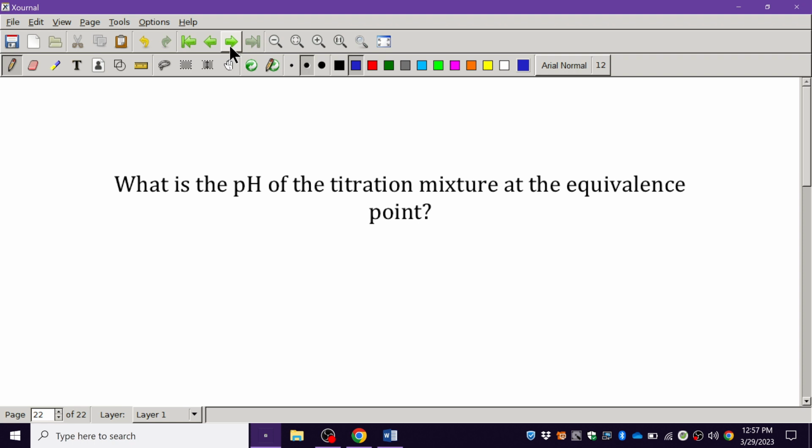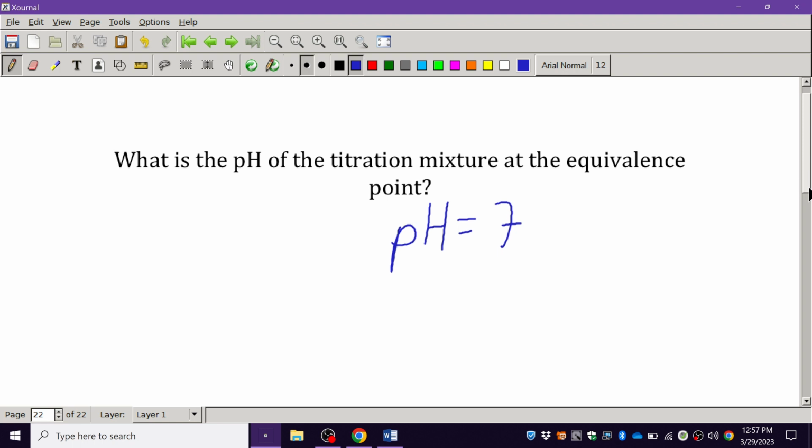What's the pH if there's no excess? Come on, it's not that difficult. It's, what is it? 7, yeah. All right, we don't have to do any calculations. If we know this is a strong acid, strong base titration, we can say that. The pH is going to be 7 at equivalence.